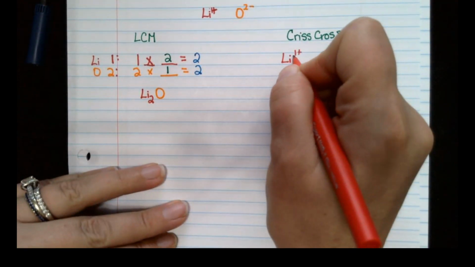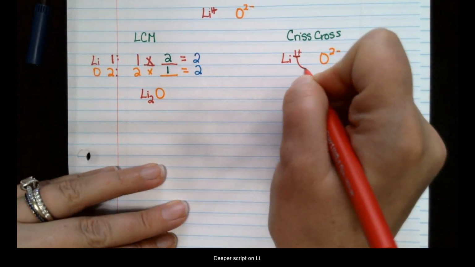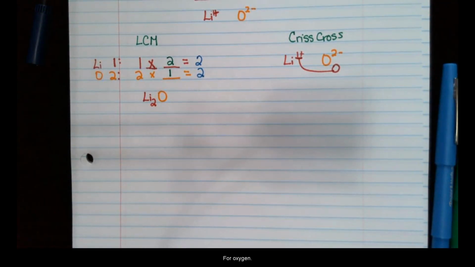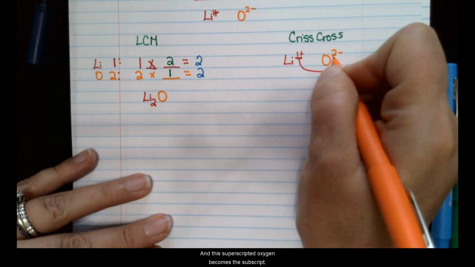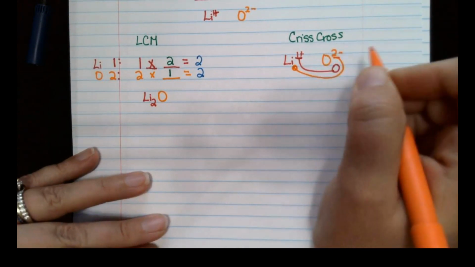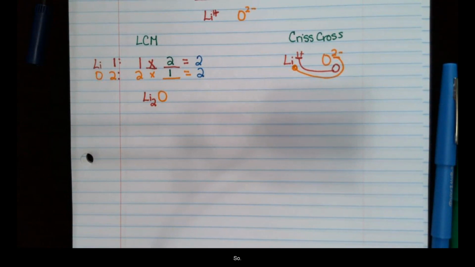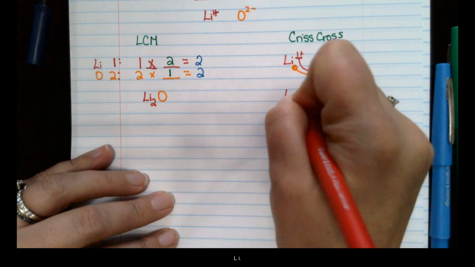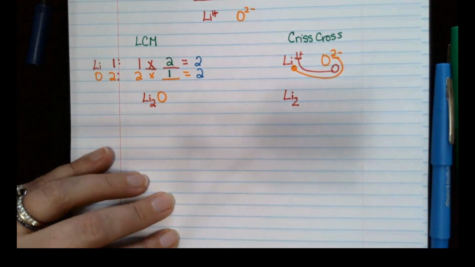So this superscript on Li becomes the subscript for oxygen. And this superscript of oxygen becomes the subscript for lithium. So it becomes Li2O.